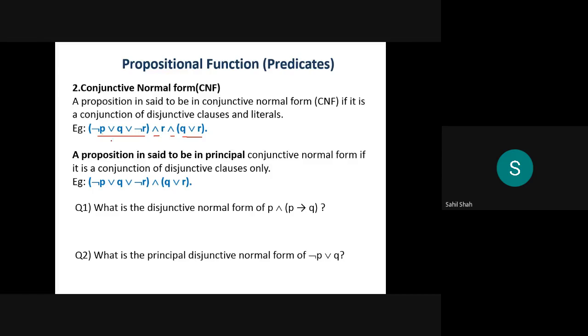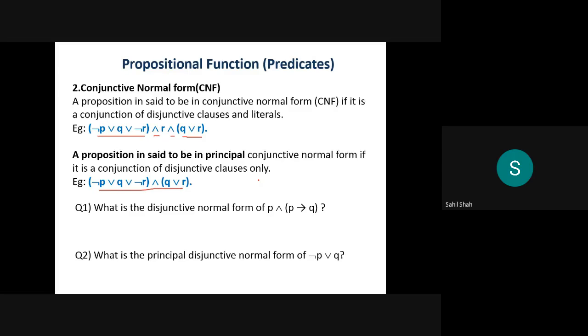So negation P, disjunction Q, disjunction negation R, conjunction R, conjunction Q or R in brackets is said to be in conjunctive normal form. Furthermore, a proposition is said to be in principal CNF if it is a conjunction of disjunctive clauses only, without any literals. Am I clear?